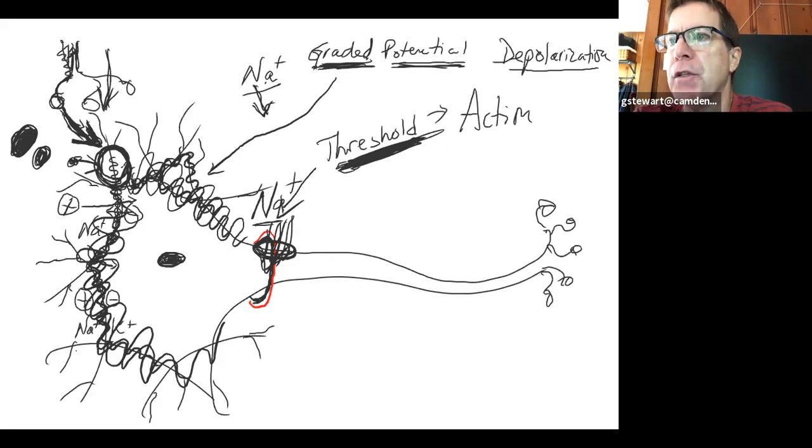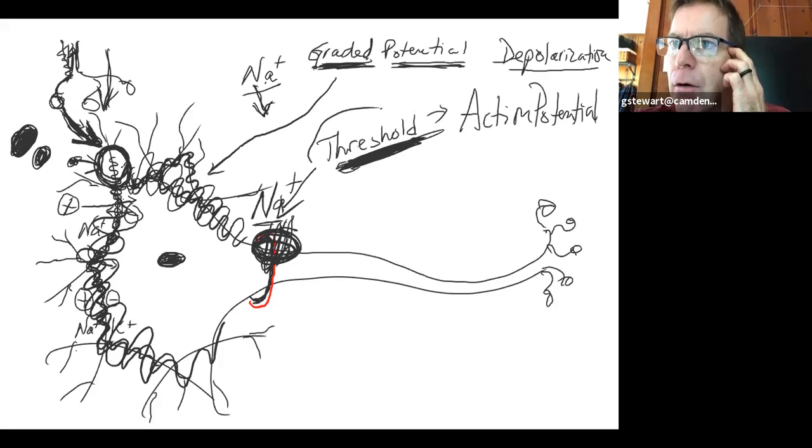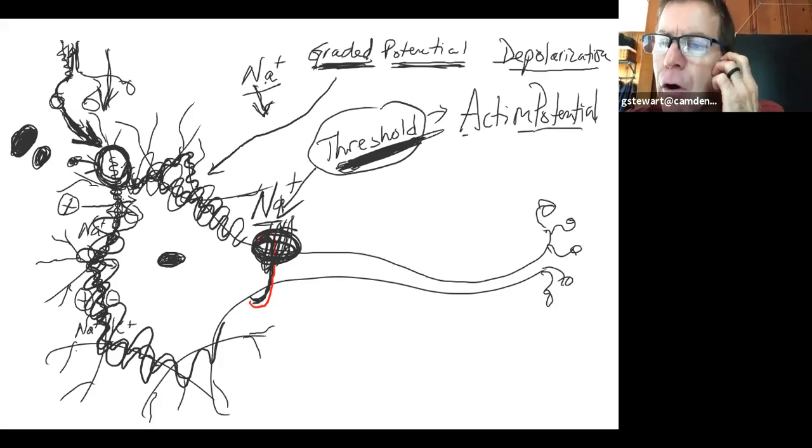So once threshold is met, an action potential will fire, and that's from massive depolarization right here at the axon hillock. Sodium gates open. Now we can't turn this off. Once threshold is met, this action potential is called an all or none response. Once we open this huge gate at the axon hillock, we can't shut it off.